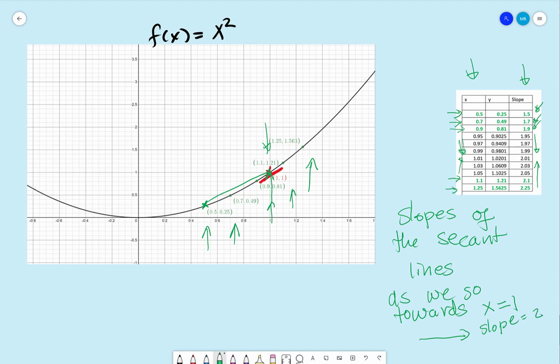And in that respect, we're looking at the limit of the slope function of this function. So in this case, this is what we were looking at. We can, of course, look at the limit of just the function f of x, but that's kind of intuitively very simple. The limit of f of x when x goes to 1 is just 1.